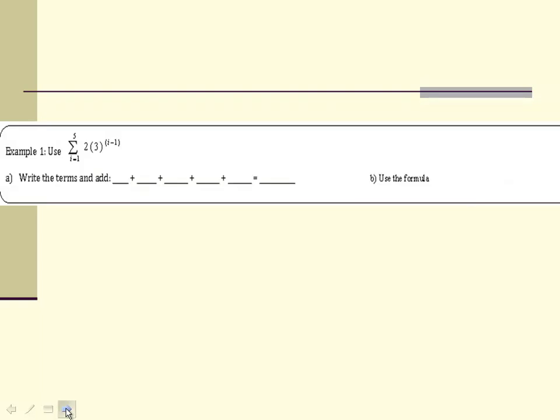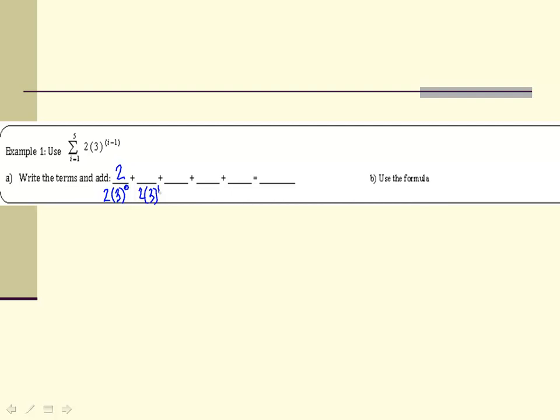So this first example, we're going to write the separate terms and add them just to see what we get. We want the terms from 1 to 5. So this is 2 times 3 to the, our first term, so 1 minus 1 is 0. 2 times 3 to the 0th power, that's going to give you 2. The next one, we'll do 2 times 3 to the 2 minus 1 is 1.